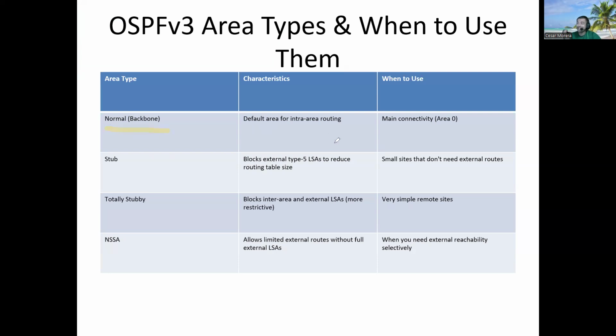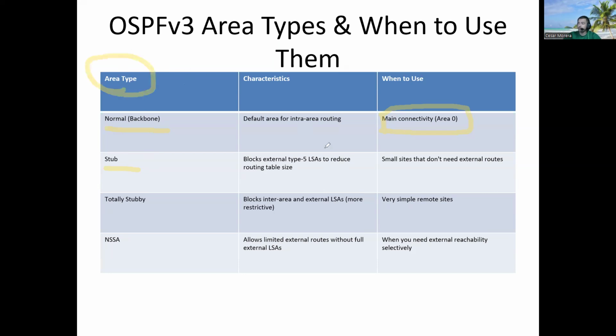Normal backbone is the default area for intra-area routing. That's the main connectivity area 0. Then we have the stub. It blocks external type 5 LSAs to reduce routing table size, thus most sites that don't need external routes. That is the stub.